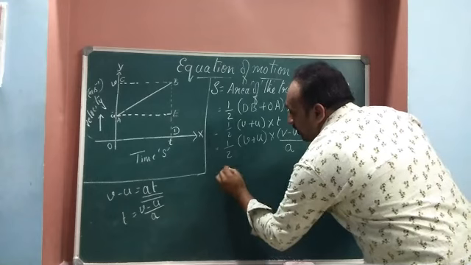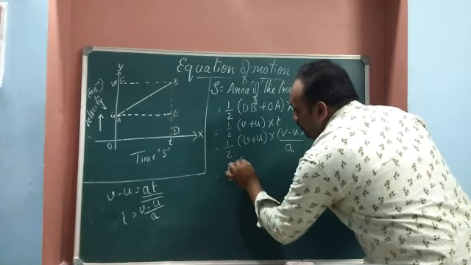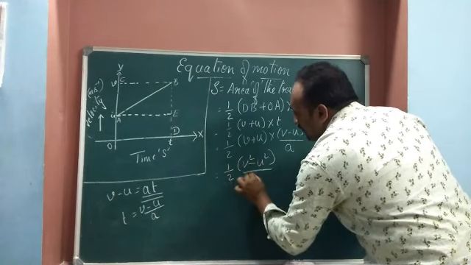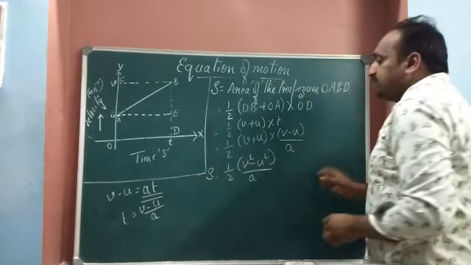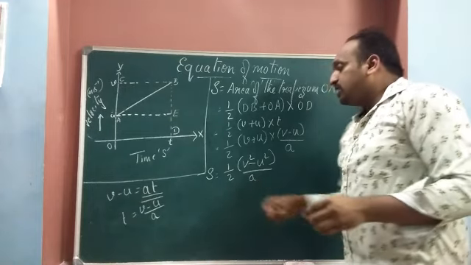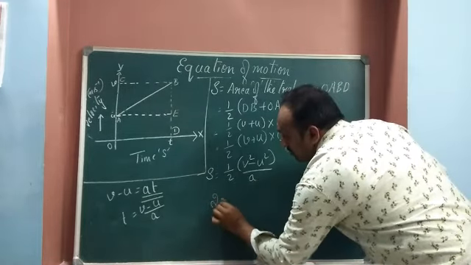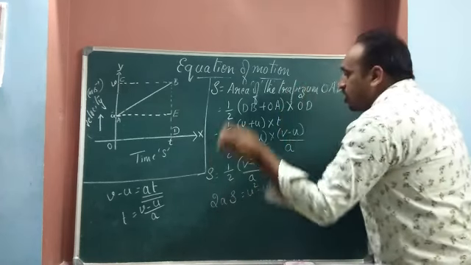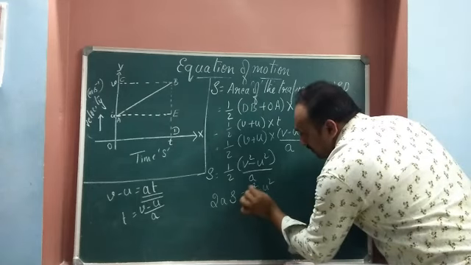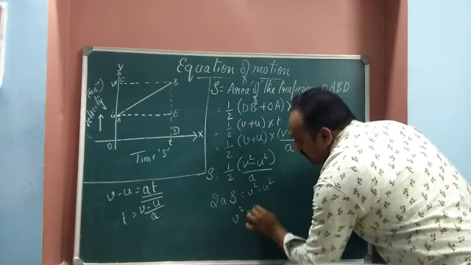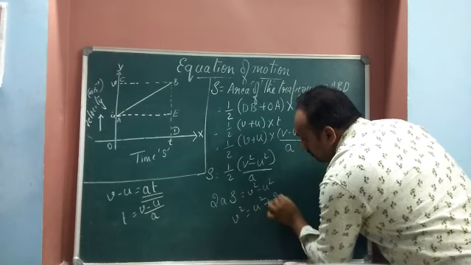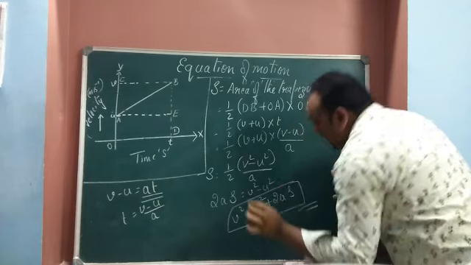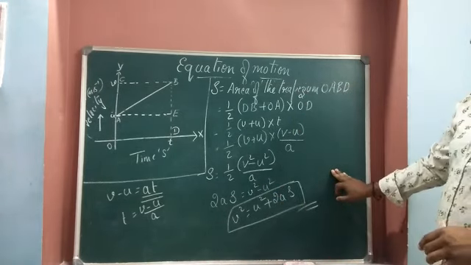So this will be equal to half of V square minus U square divided by A for the value of S. Transfer 2A to the other side. 2AS is equal to V square minus U square, or V square is equal to U square plus 2AS. So this is the final equation of motion.